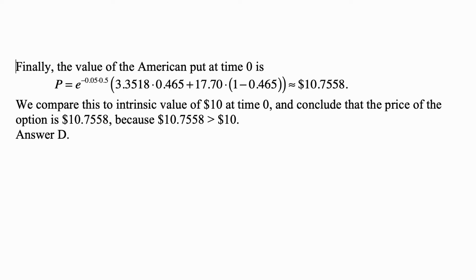And we compare it to the intrinsic value of immediate exercise of 10 at that time, and conclude that the price of the option is 10.7558 because that's more than the intrinsic value of 10. And that's answer D.